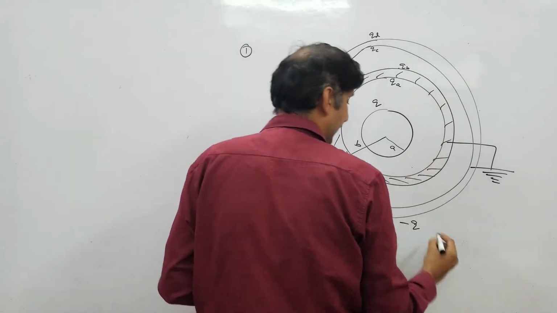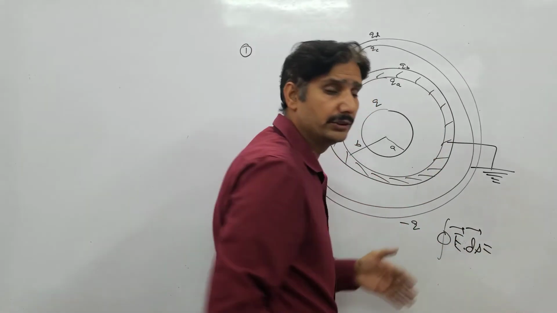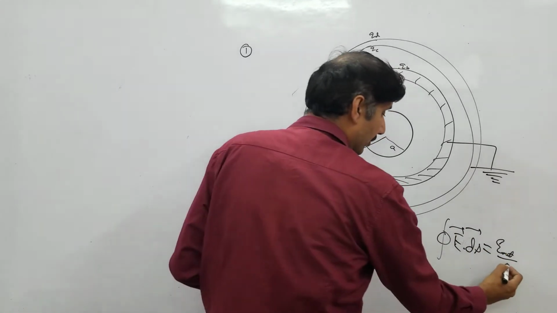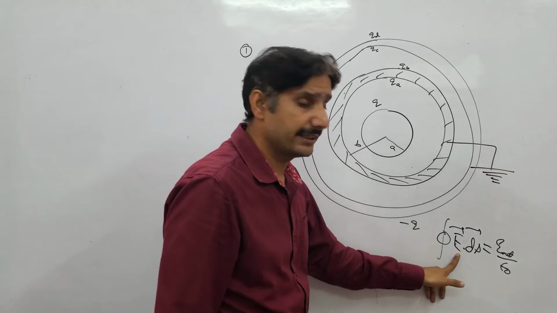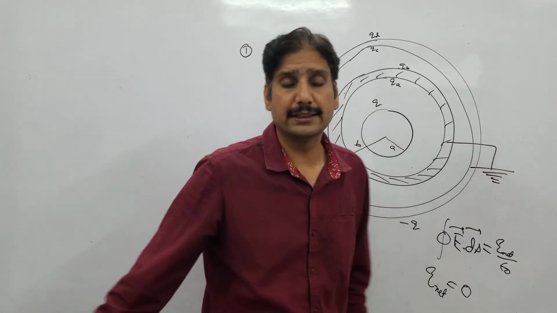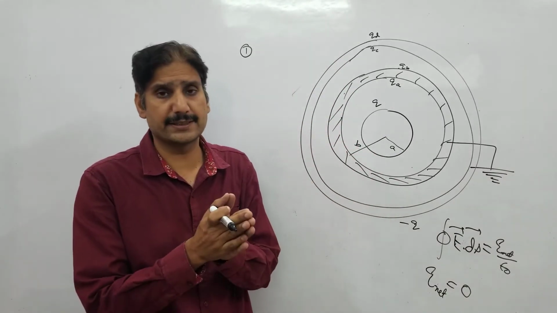That means that if you apply the integral of E dot ds equals Q net, the net charge inside the Gaussian surface, over epsilon naught, since the electric field is zero, it is easy to say that Q net would always be zero on our Gaussian surface.